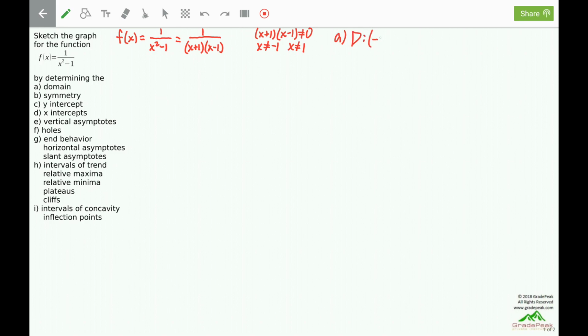It will start from negative infinity and go up to negative 1, not including it, round bracket, union, start up again at negative 1 and go up to positive 1, not including either, round brackets on both, union, starting up again at positive 1 and going to positive infinity, not including the positive 1, round bracket. That domain is all real numbers except negative 1 or positive 1.